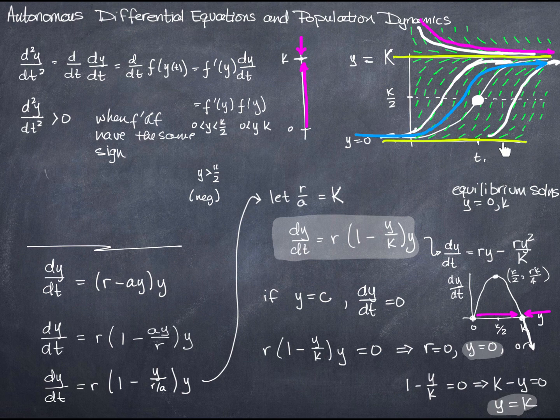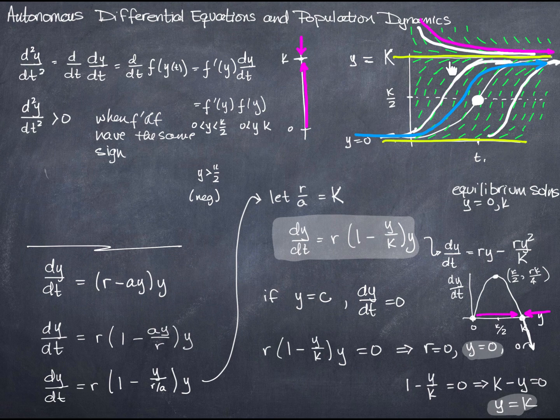Whereas y equals 0 is called an unstable equilibrium because our slopes are moving away from it. Right? If you drop 100 deer in a field that can support 1,000, guess what? They're going to have all the food they need. They're going to reproduce very quickly. And again, short of some other restriction like a disease that wipes them all out, they're going to reproduce and they're going to reach that capacity.